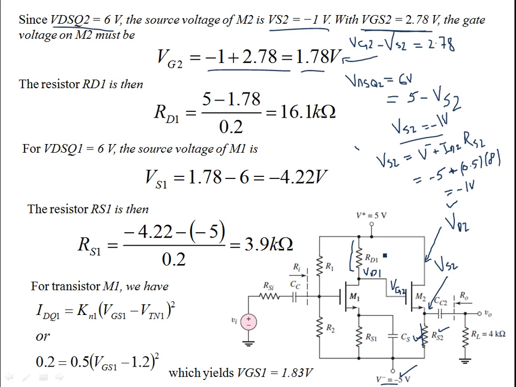VG2 and VD1 are the same, so the potential difference is V positive, plus 5 minus VD1, divided by the current IDQ1. Let's recall what this current is. We can use this to find the drain resistance, RD1.